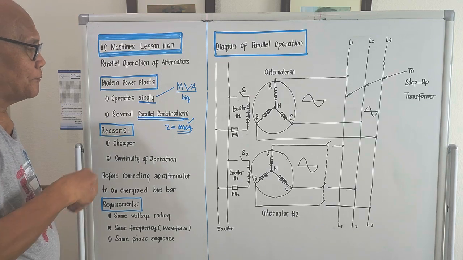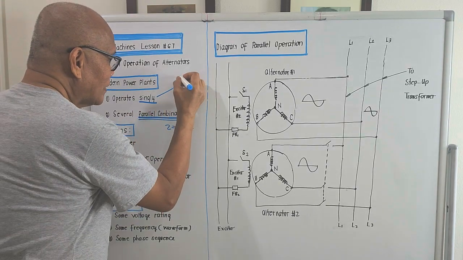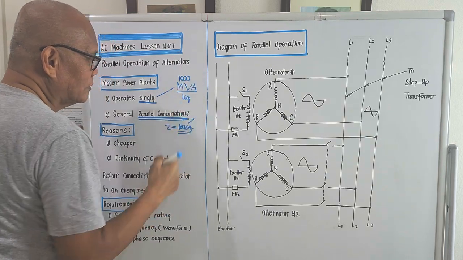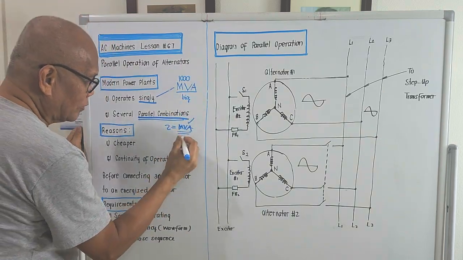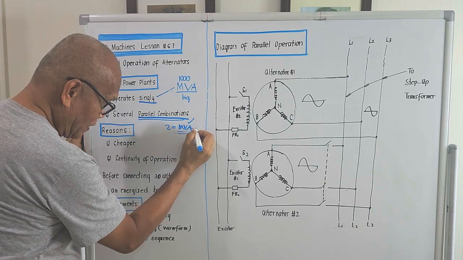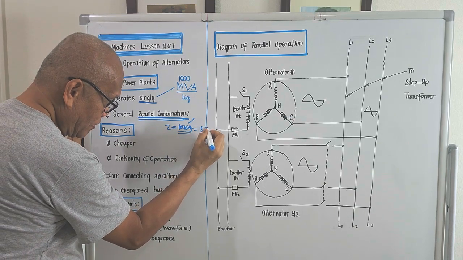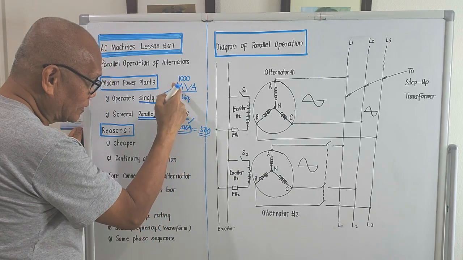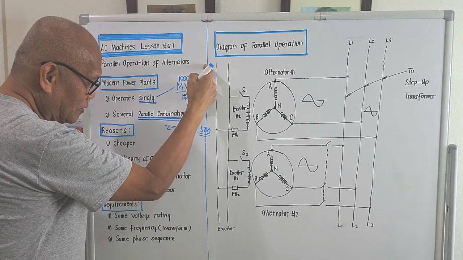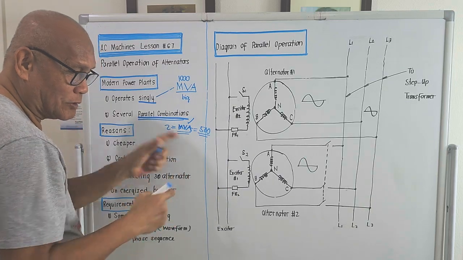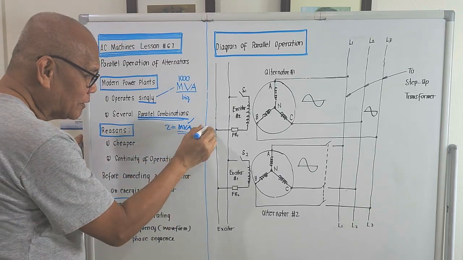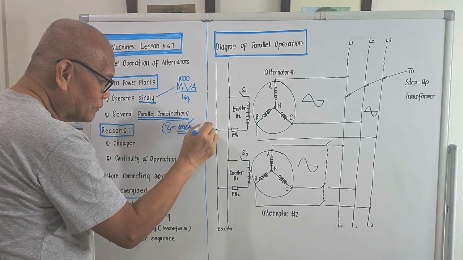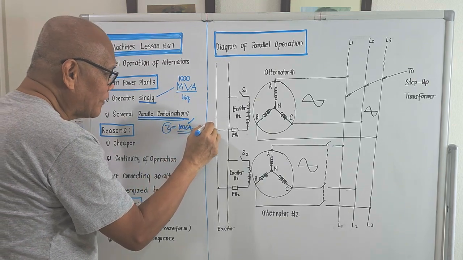Like if you have a 1000 MVA alternator, that's a very big one. Or we could have a 500 MVA. So to satisfy this 1000 MVA, if we try to operate the alternators in parallel, we will be needing two alternators which are rated 500 MVA.